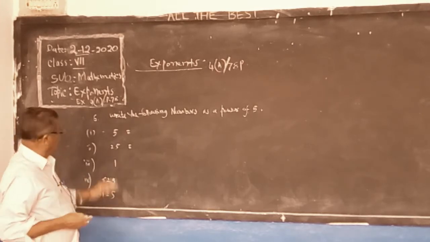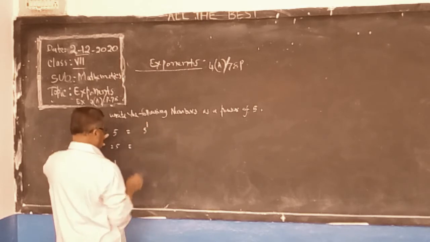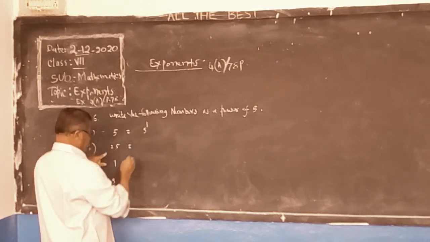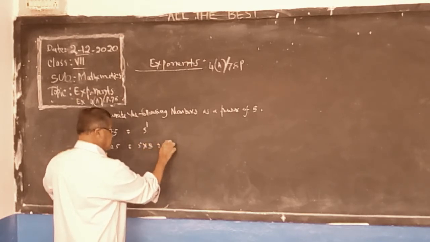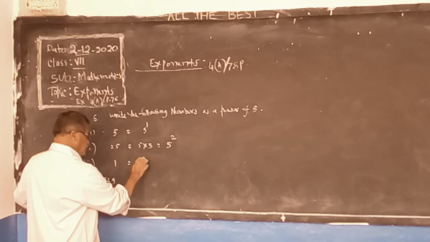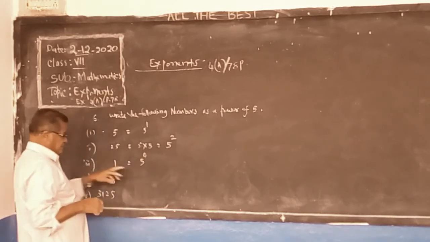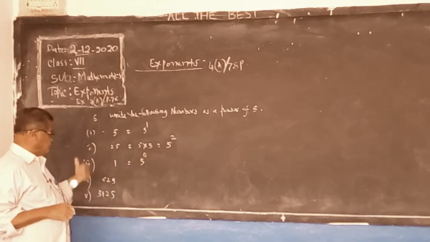See, for 5, only one 5 is there, so write 5 power 1. 5 into 5, 25 means 5 into 5, 2 times, so this is 5 square. Here 1 is there, so for any base, if the power is 0, value is 1.